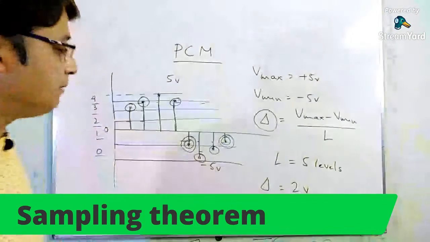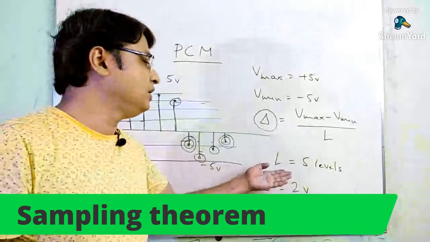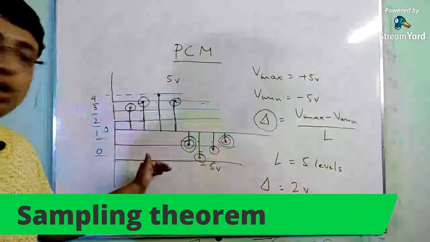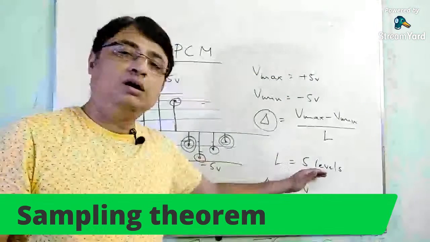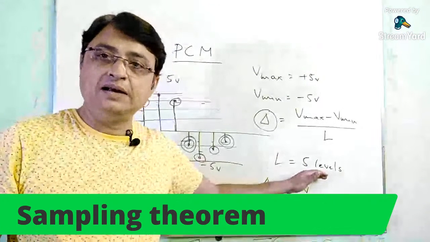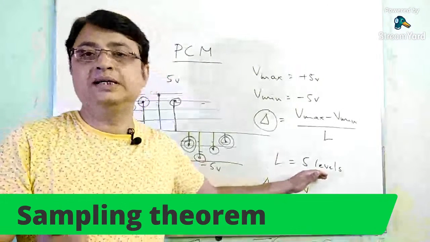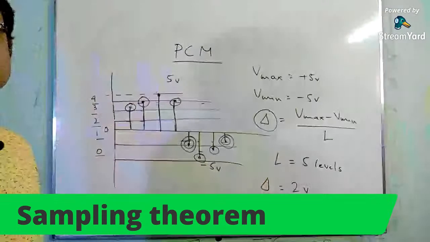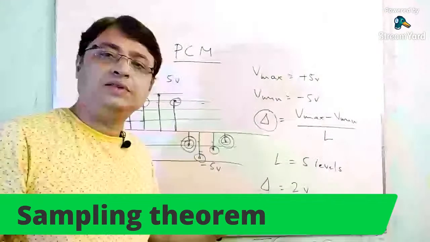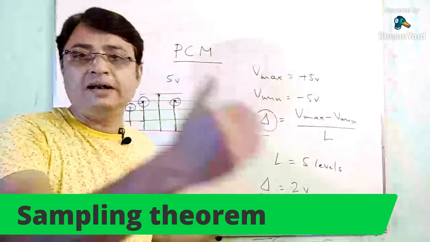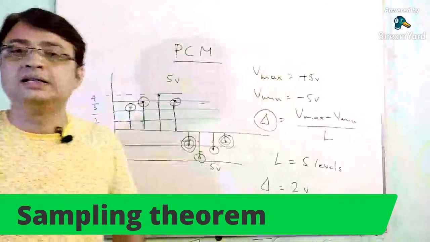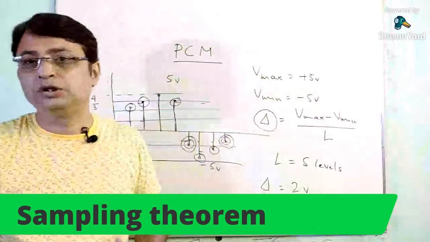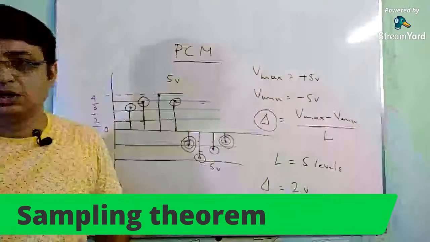For example, if you divide this entire zone into 8 levels, and go on increasing the number of levels, then the height of each level is also reduced. 10 volts divided by 8 means each level is of height 1.25 volts.